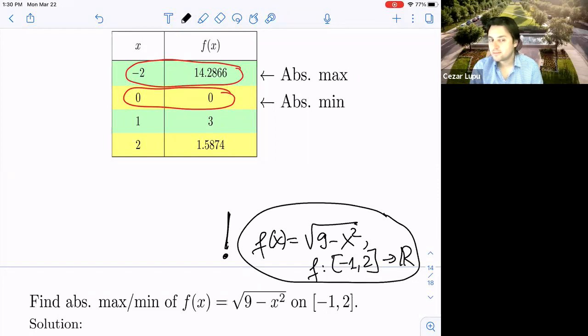Come on, tell me. What do we know about the square root? And when I say square root, I mean the quantity inside the square root. So what do we know?